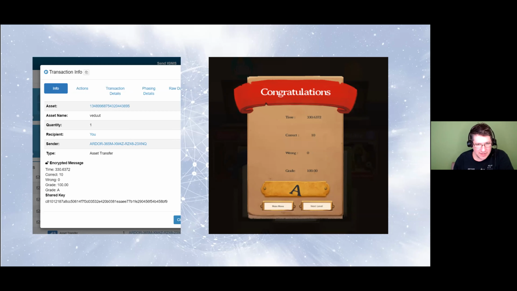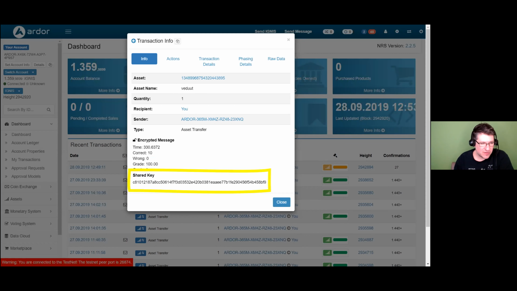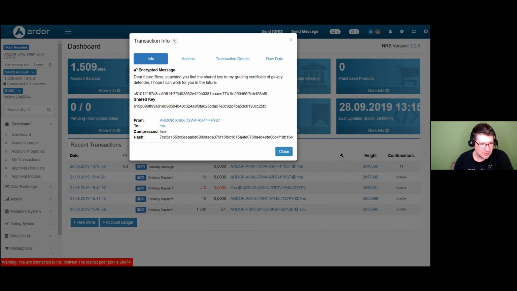What we also worked at is that if you receive such a grade, such a certificate, you are going to create a shared key. And the shared key can be, for example, then used to give it to your future boss when you apply for a job, so the future boss can verify that the information that you provide is actually correct.